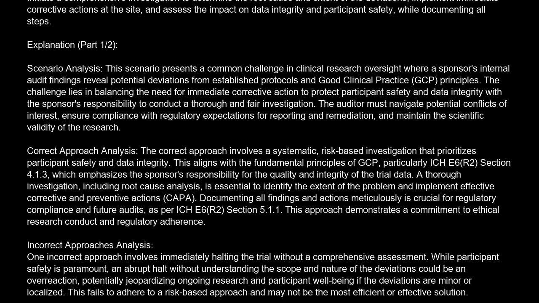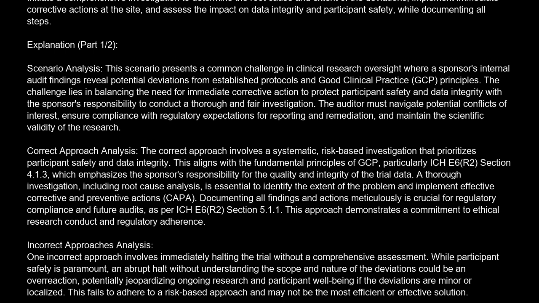Incorrect approaches analysis. One incorrect approach involves immediately halting the trial without a comprehensive assessment. While participant safety is paramount, an abrupt halt without understanding the scope and nature of the deviations could be an overreaction, potentially jeopardizing ongoing research and participant well-being if the deviations are minor or localized. This fails to adhere to a risk-based approach and may not be the most efficient or effective solution.